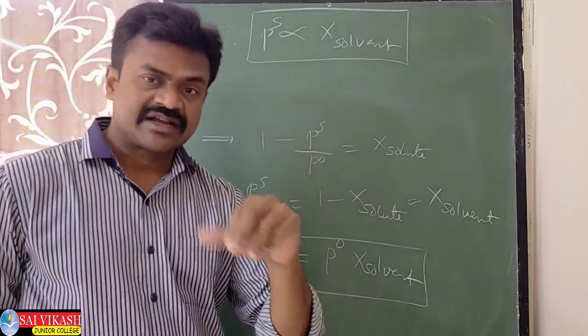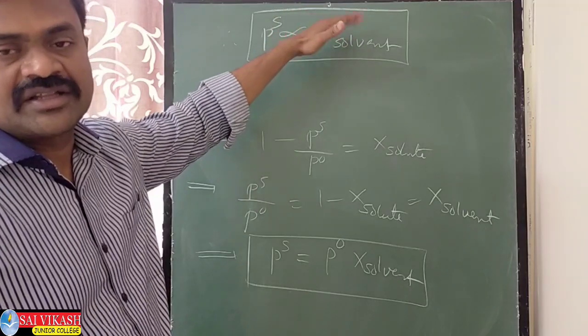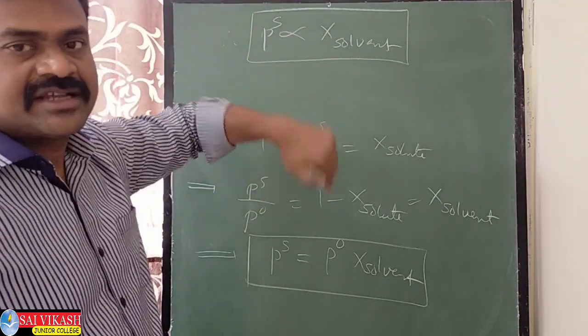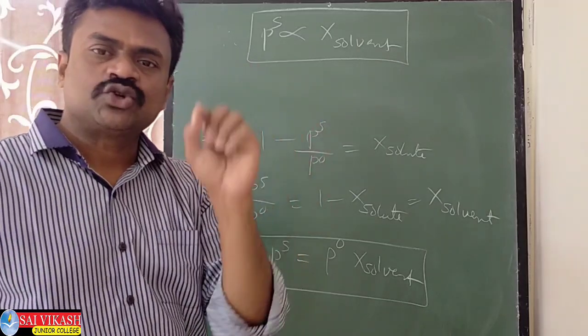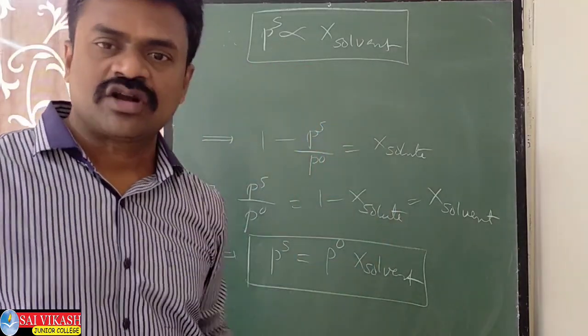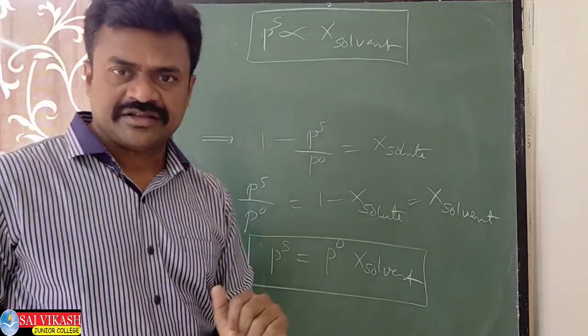The first and second I have given already. This is another statement for Raoult's law. Ps means the vapor pressure of the solution containing non-volatile solute. Here the solute is non-volatile only.